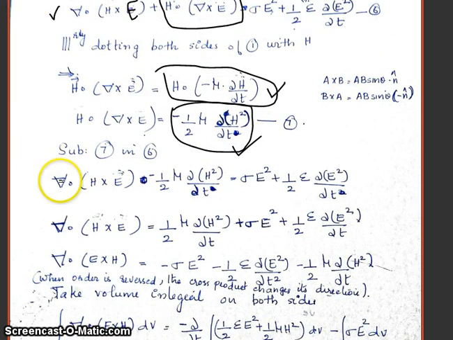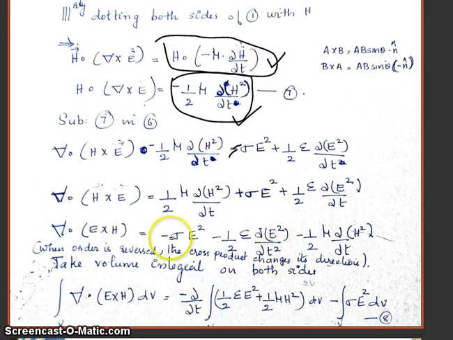So I will get del dot H cross E is equal to minus half mu dou H square by dou T, which is equal to sigma E square plus half epsilon dou E square by dou T. Then I am slightly rearranging: del dot H cross E is equal to minus half mu dou H square by dou T minus sigma E square minus half epsilon dou E square by dou T.